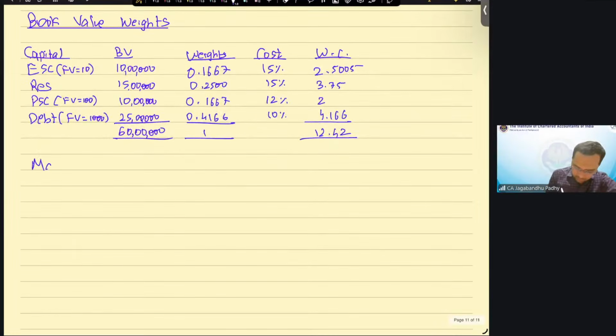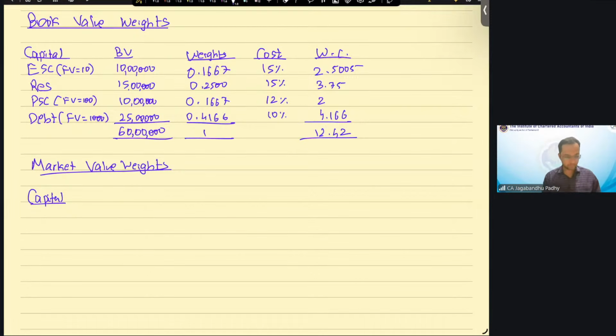Now we have another method called market value weights. So we have the market value weights wherein you get the capital and of course book value.